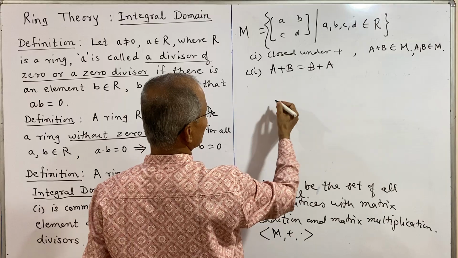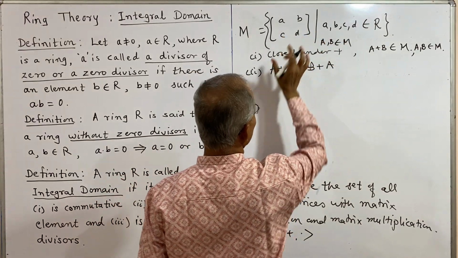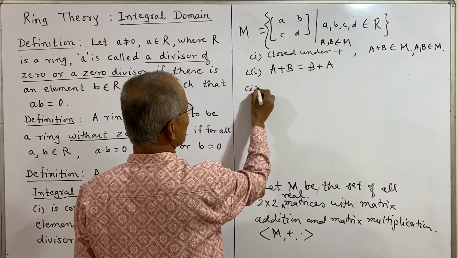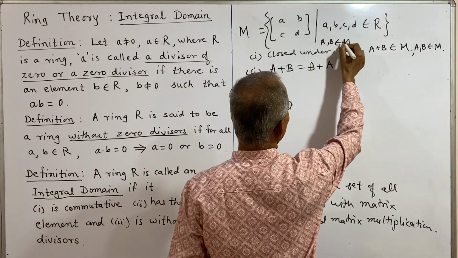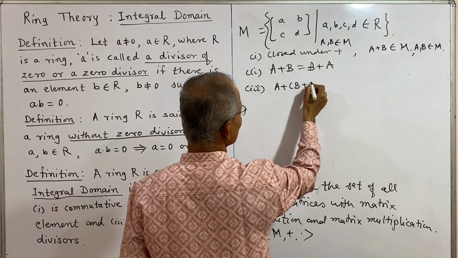For all A, B belonging to M this is commutative. And for a third matrix C also belonging to M, matrix addition is associative.